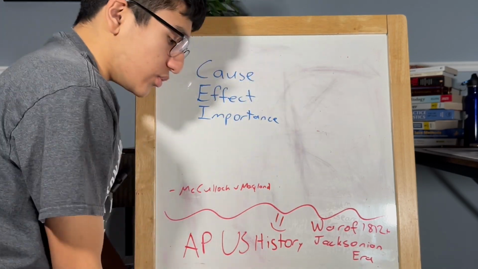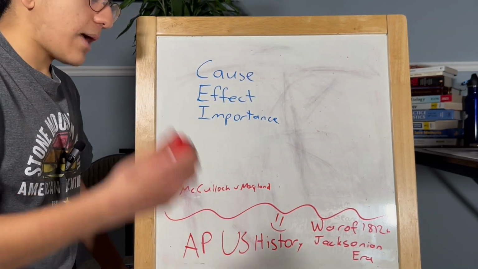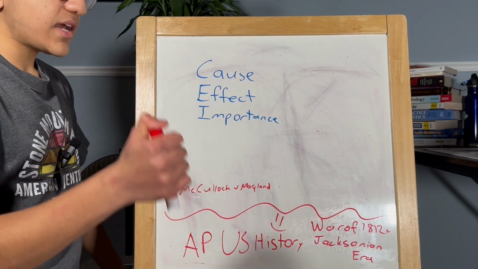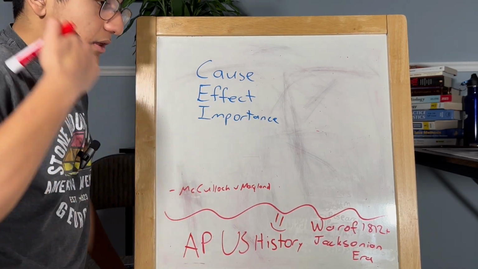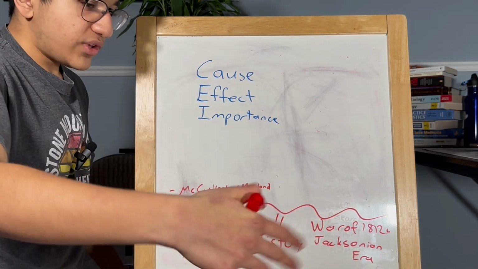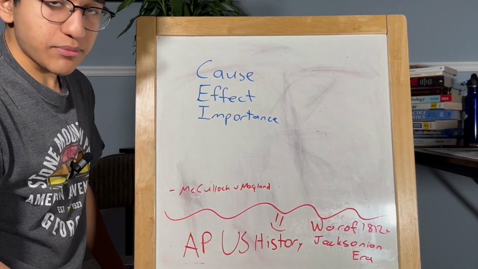Because the Baltimore branch refused, in the Supreme Court Marshall decided that you can't do that. It goes against the supremacy clause.